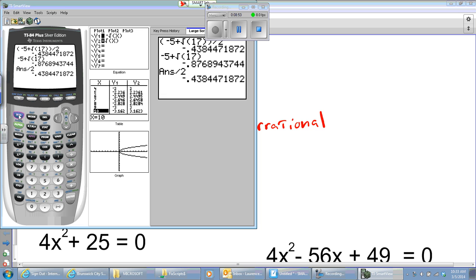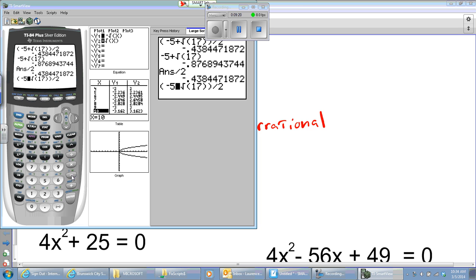Now a cool thing is you don't have to do a lot of extra typing with these calculators. If you hit second enter, or on some calculators just the up arrow, it'll bring up old problems that you typed in. This problem here is this one, right? So I'm just going to arrow over and change that plus to a minus, because remember I had negative 5 minus the square root of 17.